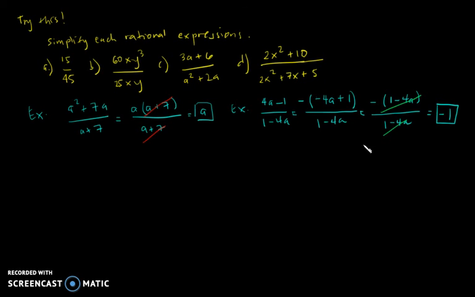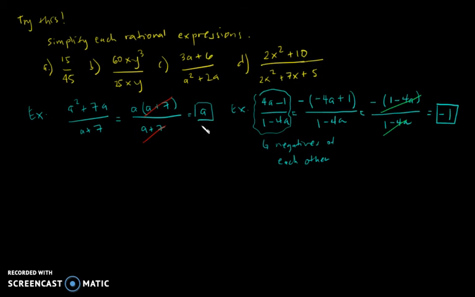Now remember that when the terms of two polynomials are almost the same, like this one, 4a minus 1 all over 1 minus 4a, except for the sign, the polynomials are called negatives of each other. You have the same terms but with different signs.